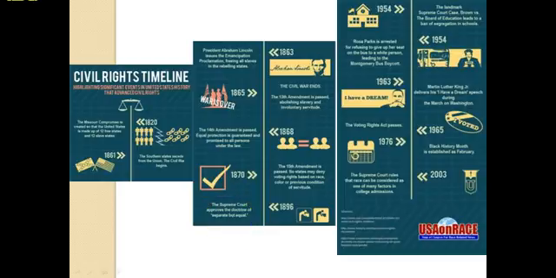And then we're going to move up over here, and we're going to flash forward several decades. In 1954, Brown versus Board of Education overturned this segregation. It banned segregation in schools. So this is where we had massive changes in civil rights, and that's the birth of the modern civil rights movement. Also in 1954, Rosa Parks is arrested for refusing to give up her seat on the bus to a white person. That leads to the Montgomery bus boycott.